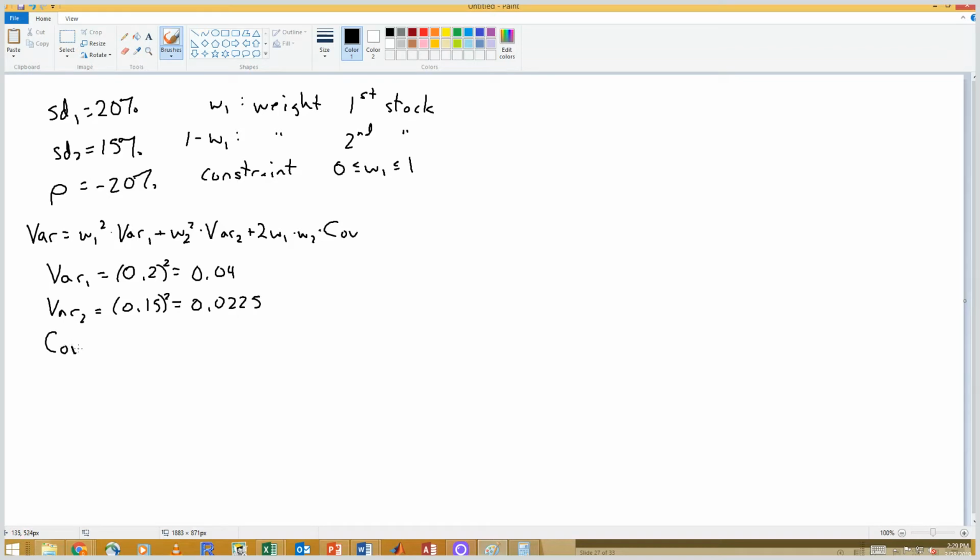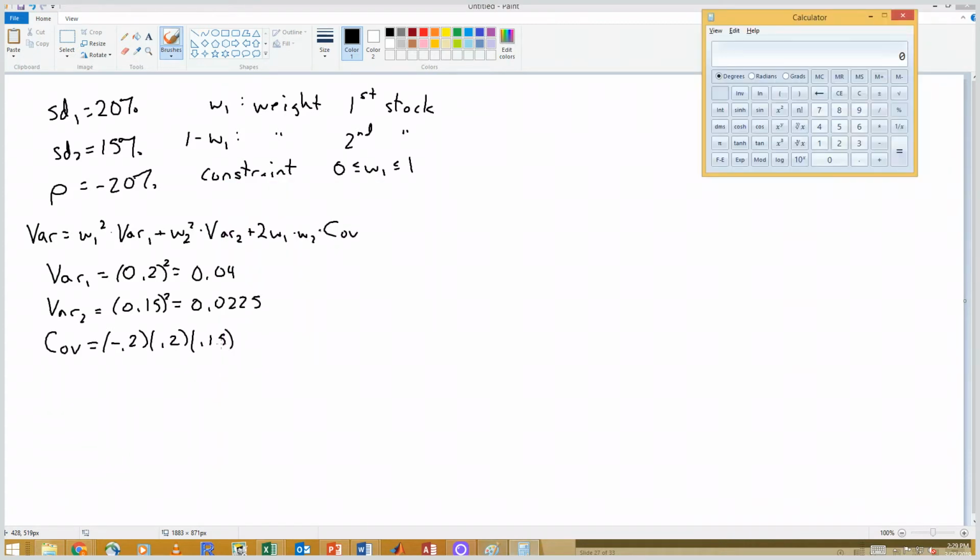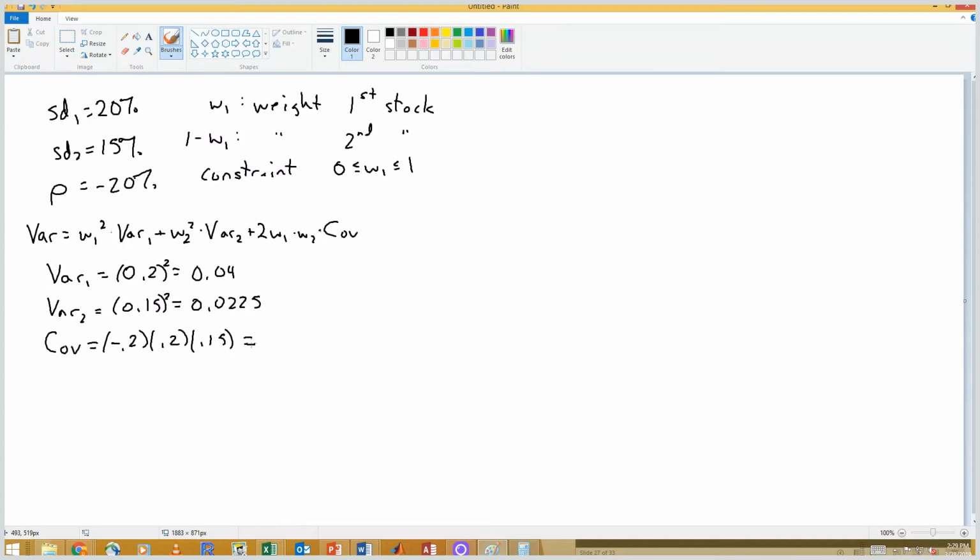The covariance is equal to the correlation, negative 0.2, times the standard deviation of the first, so 0.2, times the standard deviation of the second, 0.15, and I'll pull out my calculator just to be careful. 0.2 times 0.2 times 0.15 is, again, we have a negative sign, so that's equal to negative 0.006.